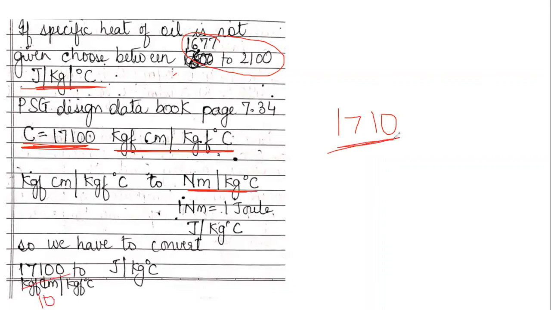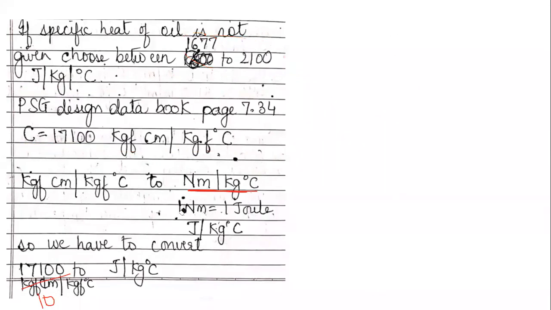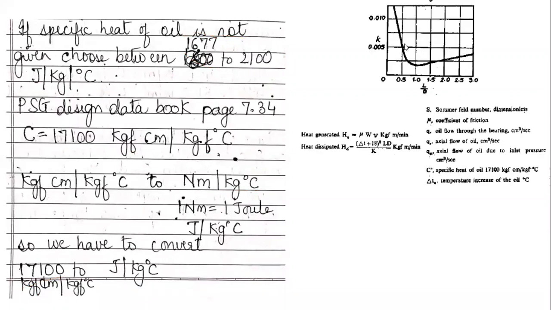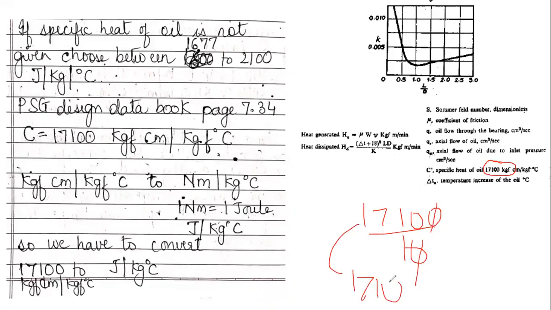Then you will get 1710 very easily. It is given on page 7.34 of the PSG design data book, but you will have to just divide it by 10 and you will get the answer in joule per kg per degree C.